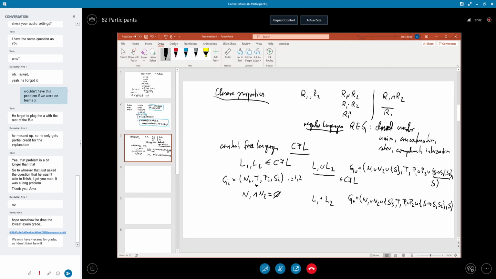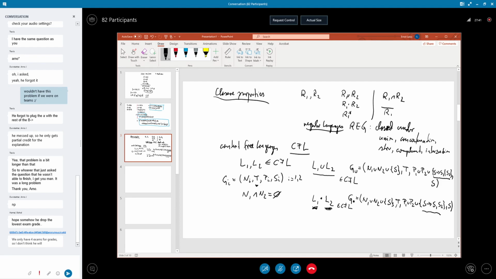So the key issue again is that production S goes to S1 S2, which means that we go to S1 S2 in the first derivation step, and then from S1 we can get everything in L1, and from S2 we can get everything in L2, which means that this is again a context-free language. Always guaranteed. So CFLs are closed under union and concatenation.